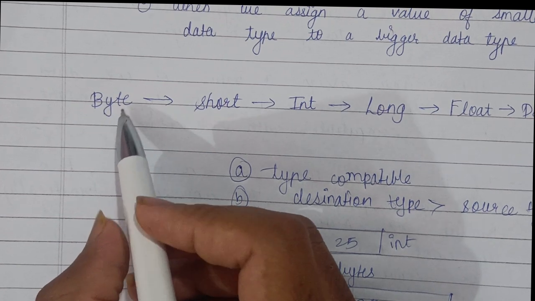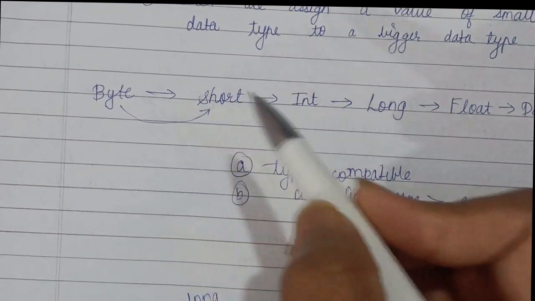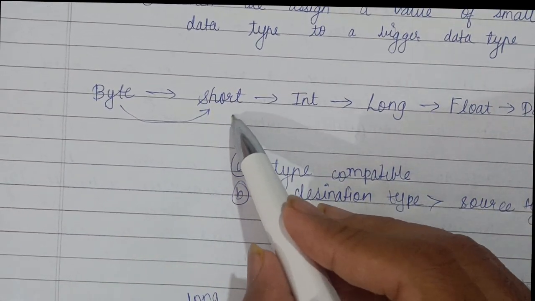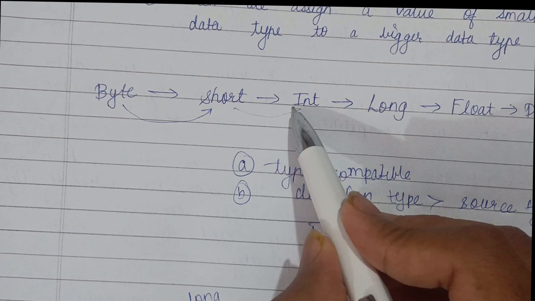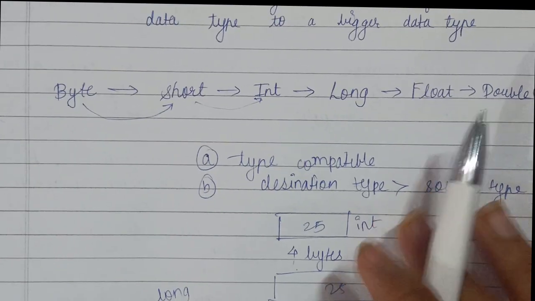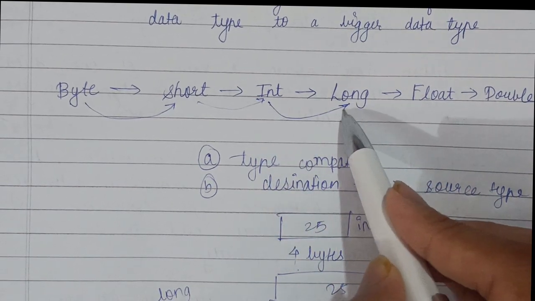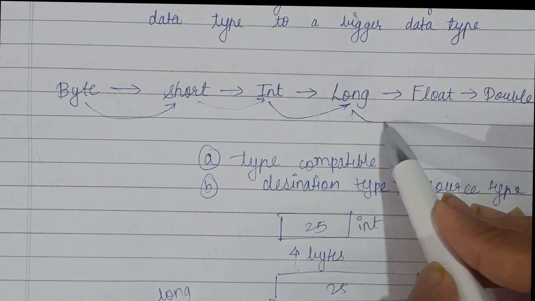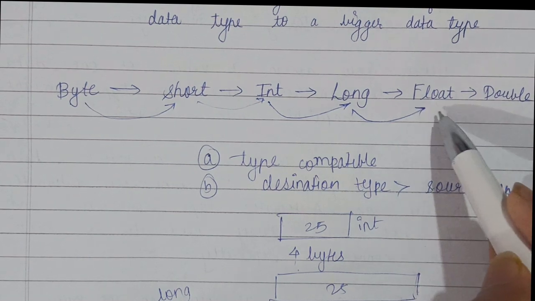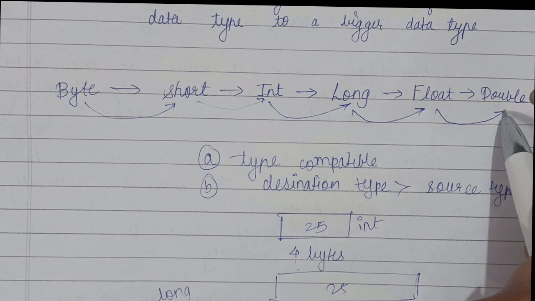So byte will be compatible with short data type. Short data type will be compatible with int, int data type will be converted into long, long is compatible with float, and float data type is compatible with double.